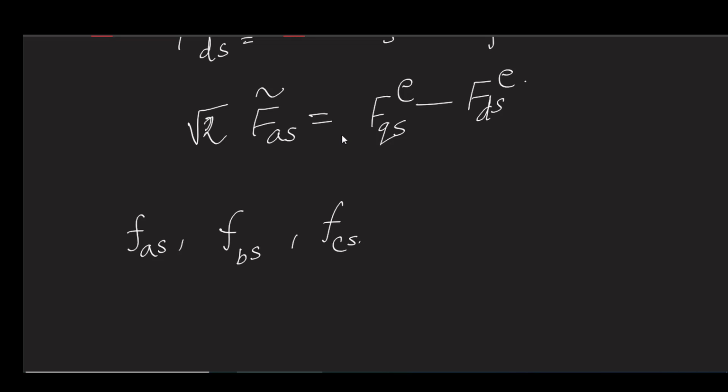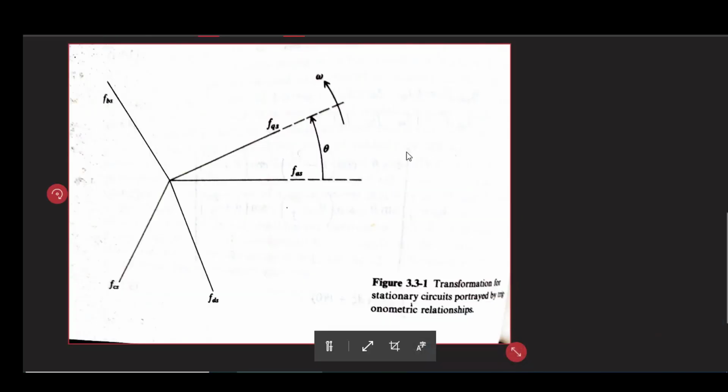Now, let me just draw the phasor diagram. Okay, just let me insert it. Drawing will consume a hell of a lot of time. So try to understand that this is the case of instantaneous value.